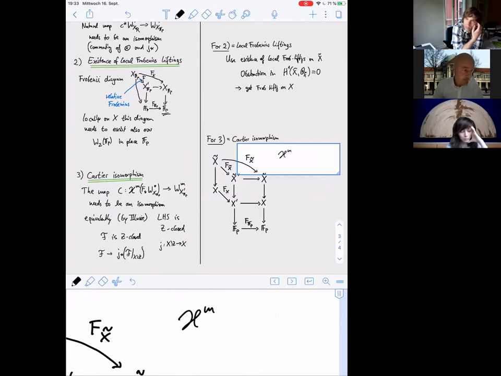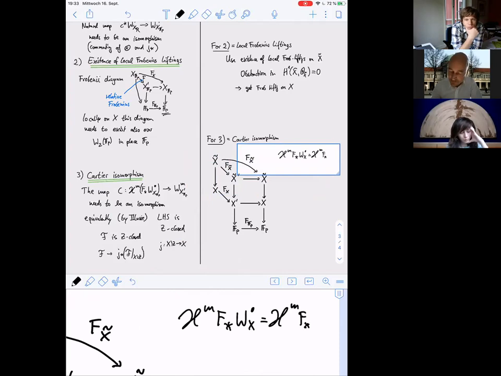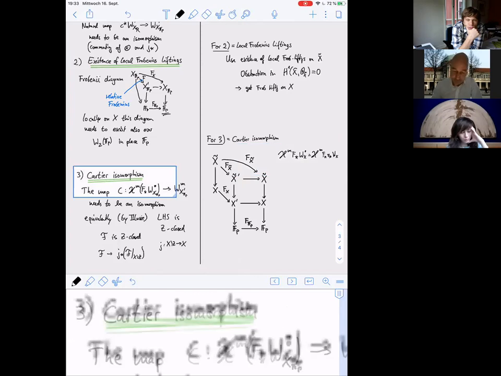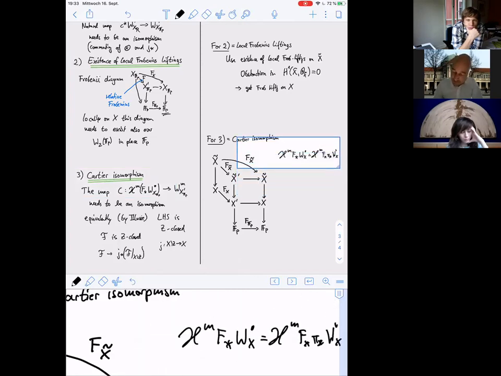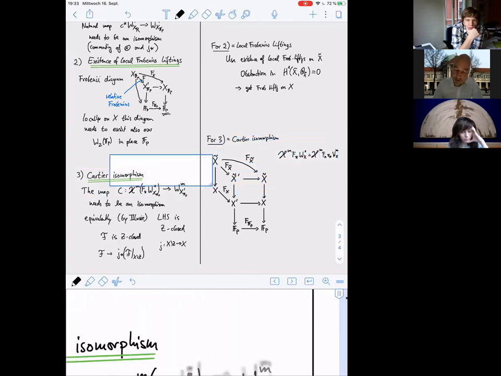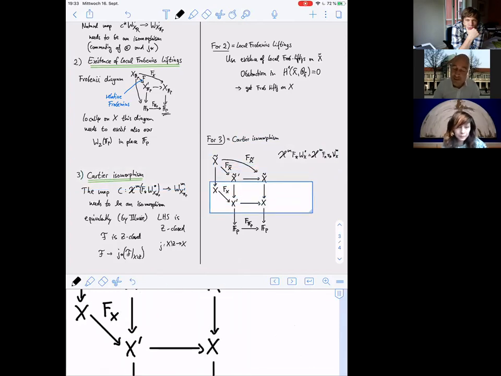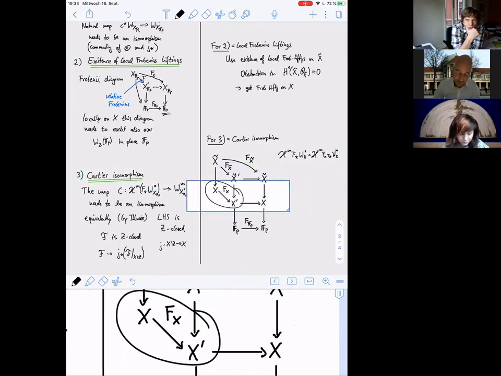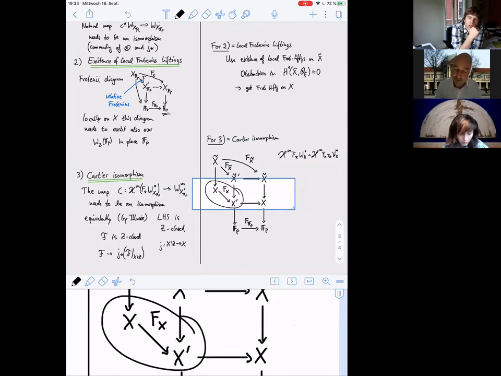So H^m of the push forward of the differentials, that needs to be Z closed. That's the same as pushing it forward from upstairs, so put here F star pi star of the differentials on X tilde. I push forward along this map the differential forms, and then take cohomology of that.